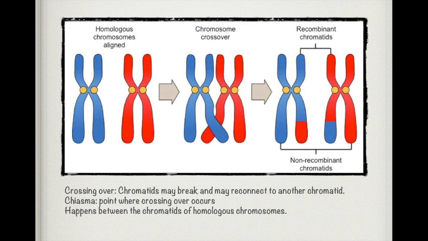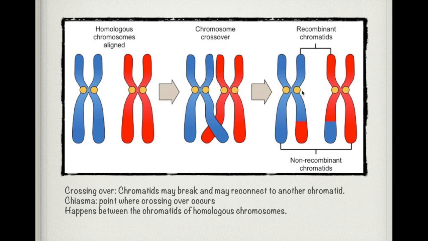Here you can see a chiasma, which is the point where crossing over occurs. And it happens between the chromatids of homologous chromosomes.